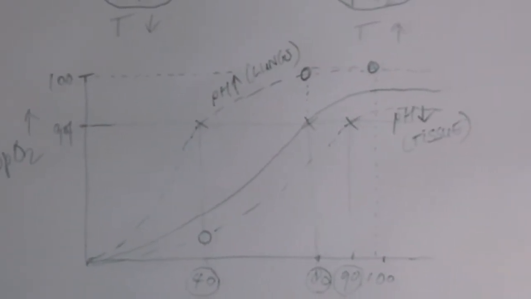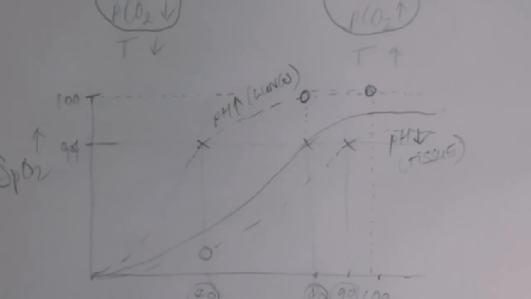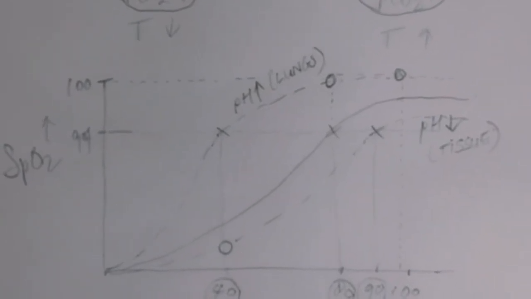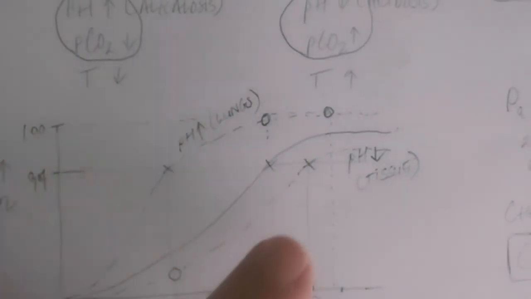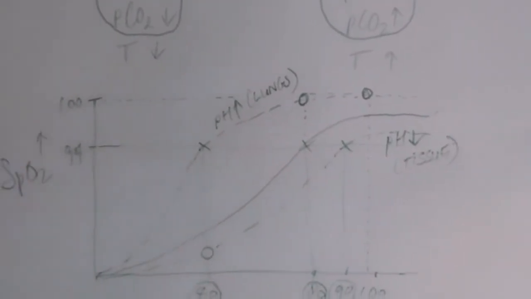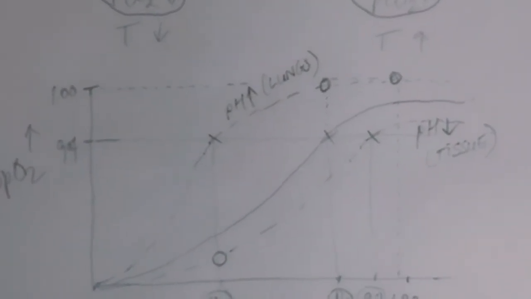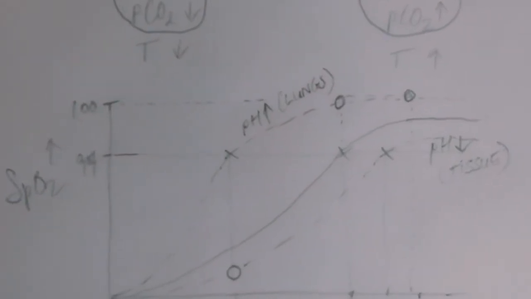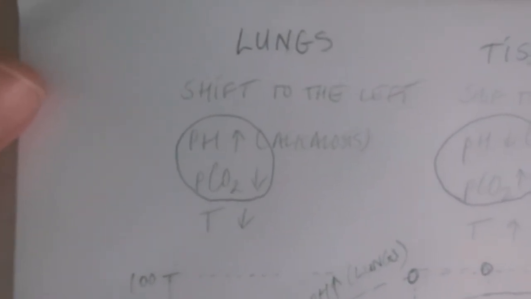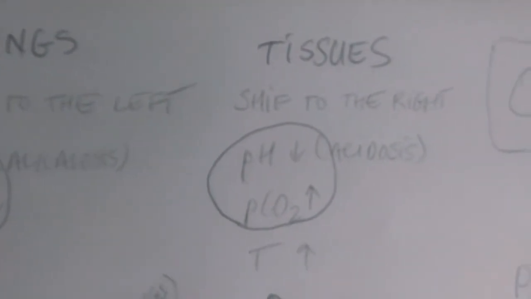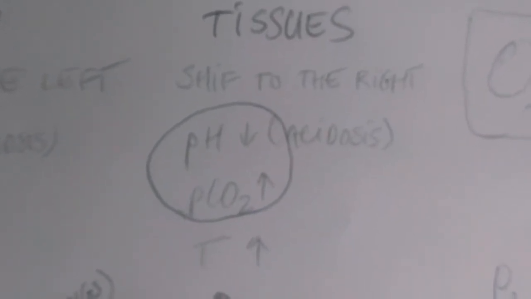Okay. So then we have this one solid line and the two dotted lines. With this curve, we say that the curve can shift to the left, or the curve can shift to the right.